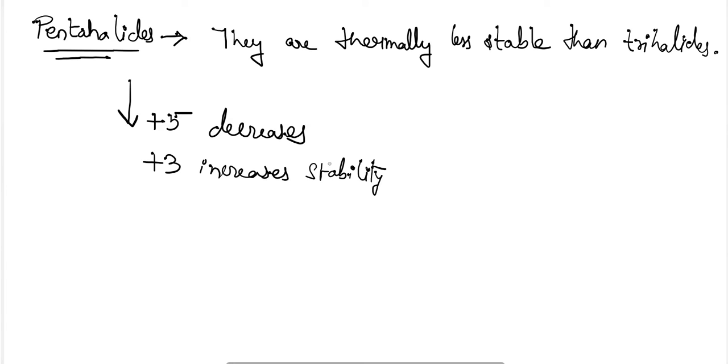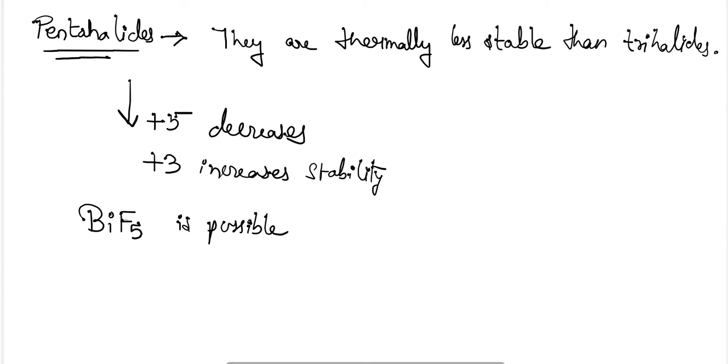Therefore the pentahalides of bismuth are not known except for BiF5. BiF5 is possible, but BiCl5 and the other penta halides of bismuth are unknown.